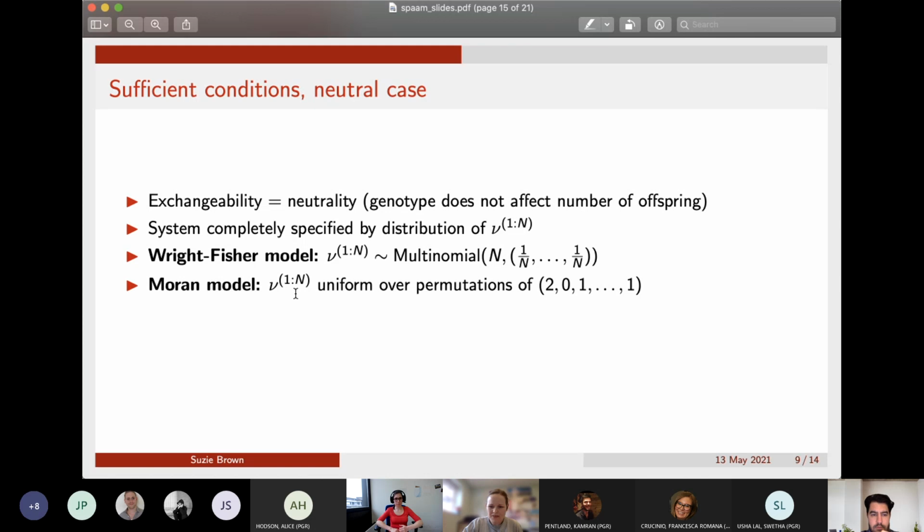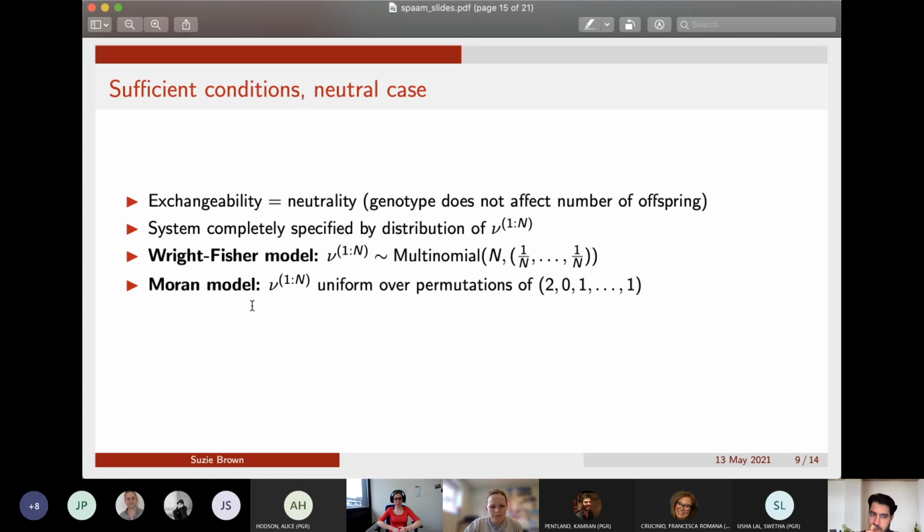So here are 2 famous examples from population genetics which fit into this theorem. Firstly, the Wright-Fisher model, which is where the offspring counts are multinomial with equal weights. The multinomial distribution is exchangeable, so we have exchangeability there, and it also satisfies the other conditions of Kingman's theorem. So that's an example where this holds.